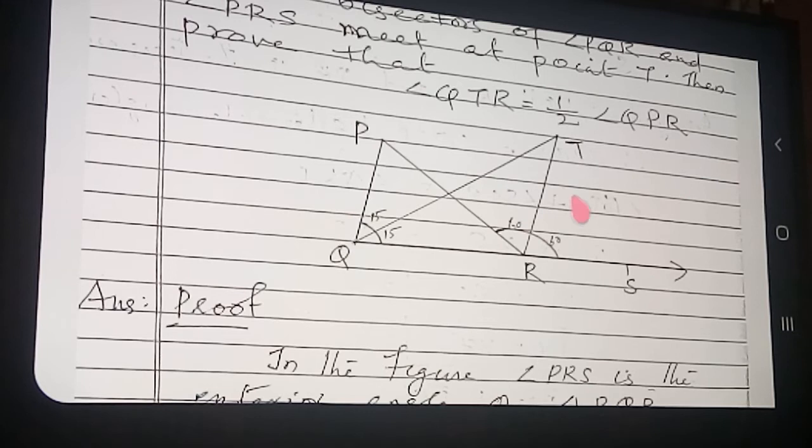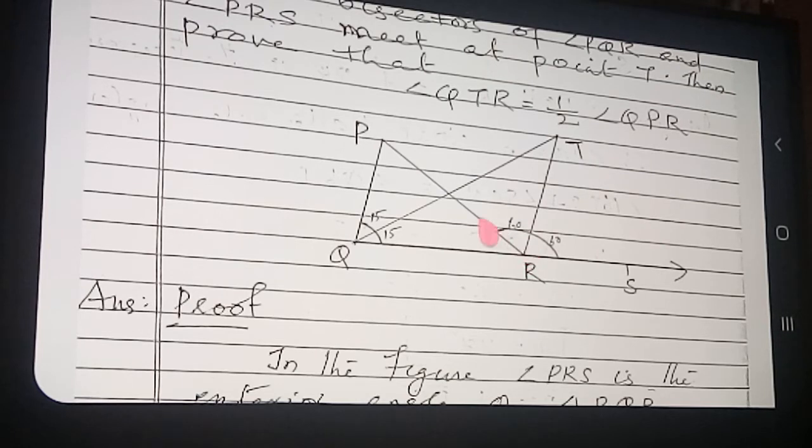TRS is the exterior angle of which triangle? TQR. See here, this is TQR. So with respect to this exterior angle TRS, there is the nearby angle.